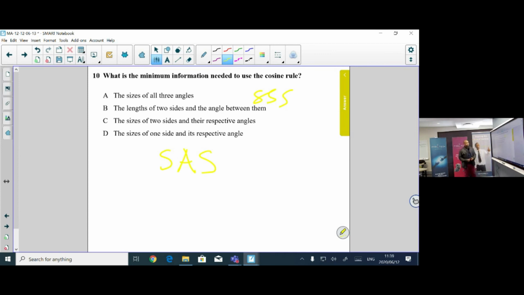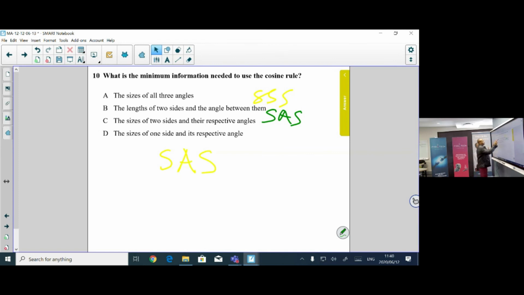So you could use the cosine rule in terms of the angle to find these angles. The most appropriate answer here, if I was to pick only one answer, because we are looking for the minimum information, could be number 2, because number 2 seems to have a side, angle, side situation.